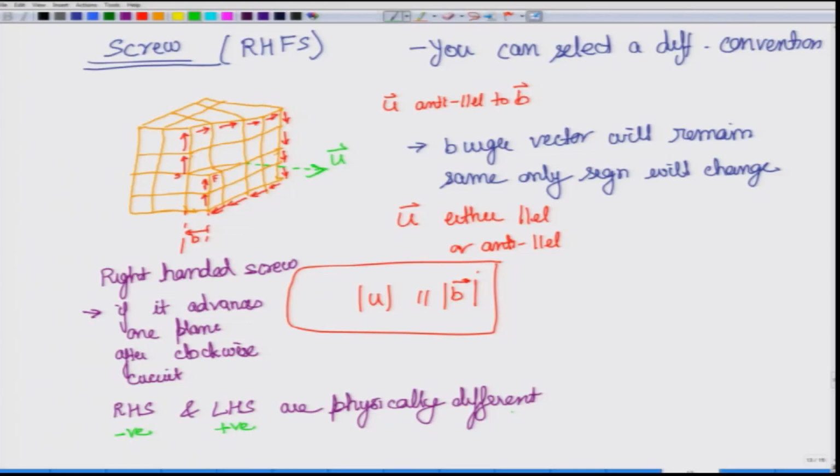So, now we have seen the convention, we have seen two different types of dislocations. Now, what else can we understand about this? Let us move on to understand what is called a mixed dislocation.